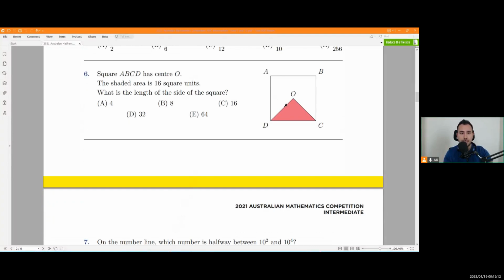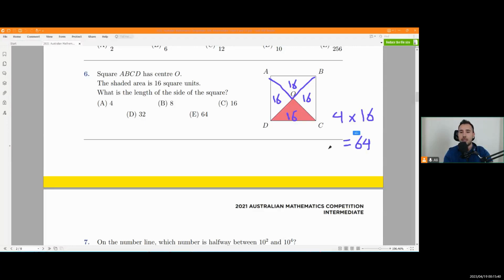A, B, C, D. The shaded area is 16. What is the length of the side of the square? So obviously we have 4 of these. So the whole thing will be 4 of 16, which equals 64.